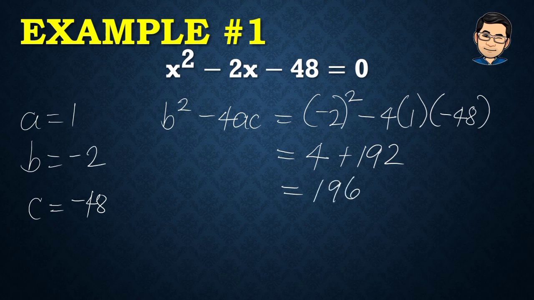Now, we add 4 and 192, that is 196. So, for the information of everyone, 196 is a perfect square. It's because the square root of 196 is 14. Okay. So, ayan. Makikita natin na positive yung number at the same time, perfect square siya. So, let's check kung tama ba siya na yung ating mga roots o yung nature ng ating roots ay rational number and unequal.